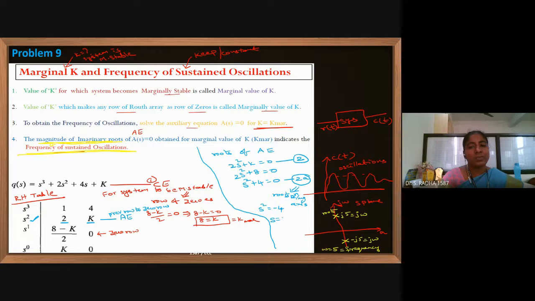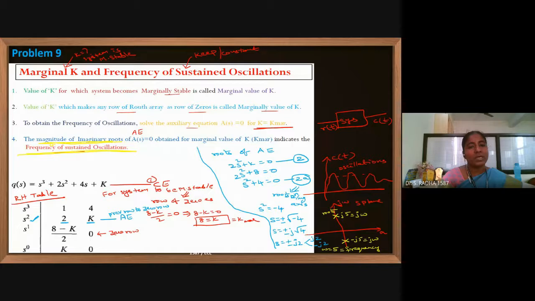S value equal to plus or minus square root of minus 4. And square root of minus 1 can be taken as j or i. Remaining square root of 4 is 2. And s value equal to plus or minus j2. So this is plus j2, minus j2. These are the roots on the imaginary axis.